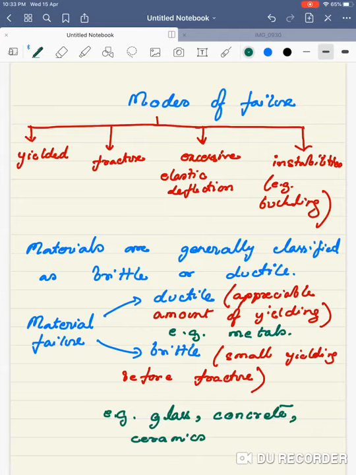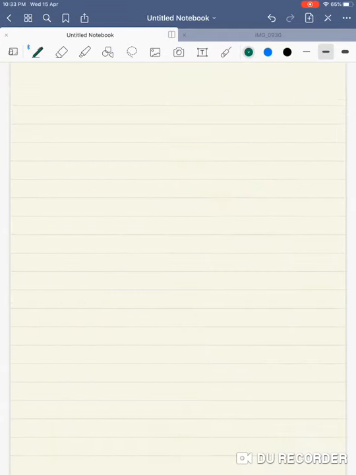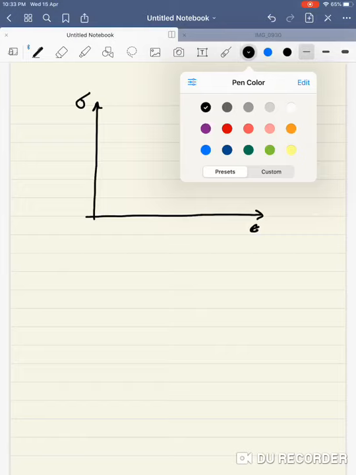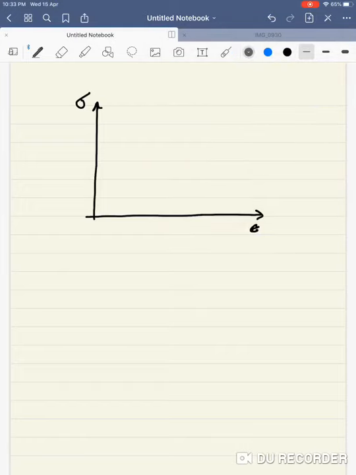So why don't we put a little bit of quantitative spin to this? The way to do that would be to take a look at the stress strain diagram. I'm going to draw it for one particular material. There is one material which comes up like this, and somewhere here it fails.